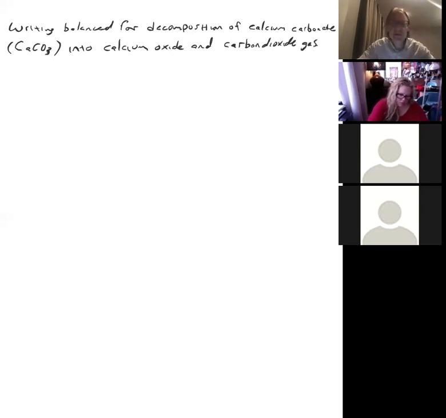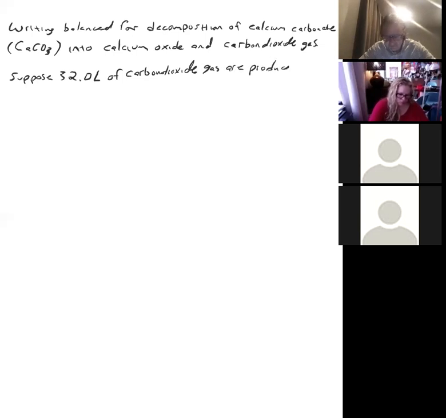Okay, so that's our first step. And then we're also going to do a calculation. Suppose 32.0 liters of CO2, carbon dioxide gas, are produced in the reaction at 200.0 degrees C and 1.05 atm.